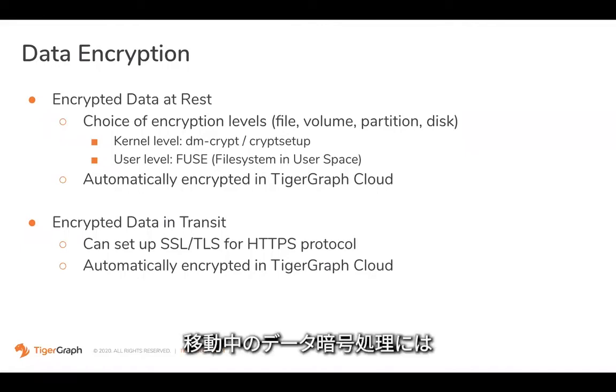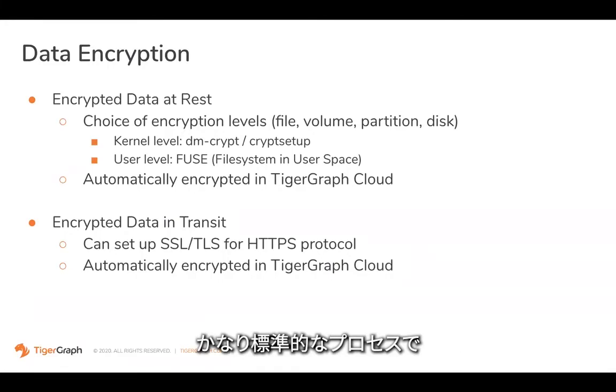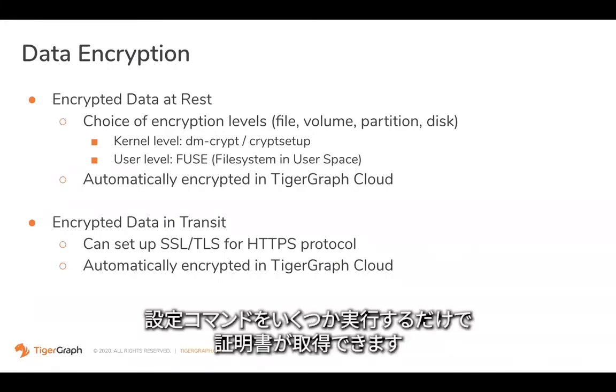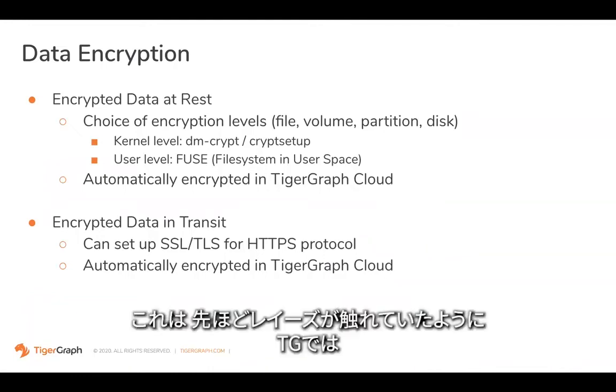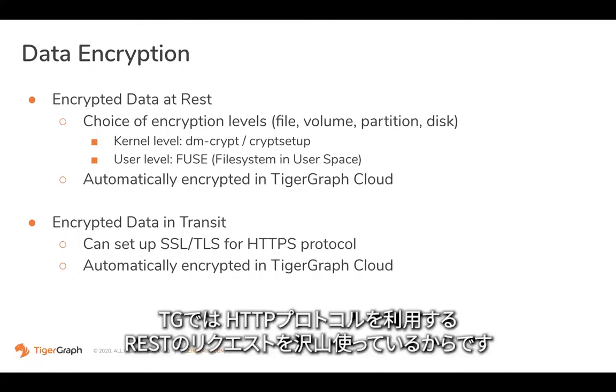For encrypting data in transit, you can set up SSL/TLS so that it's using the secure HTTP protocol. It's a fairly standard process of getting a certificate and just a few configuration commands and you're set. Because, as Reis mentioned, we use a lot of REST requests, which make use of the HTTP protocol.